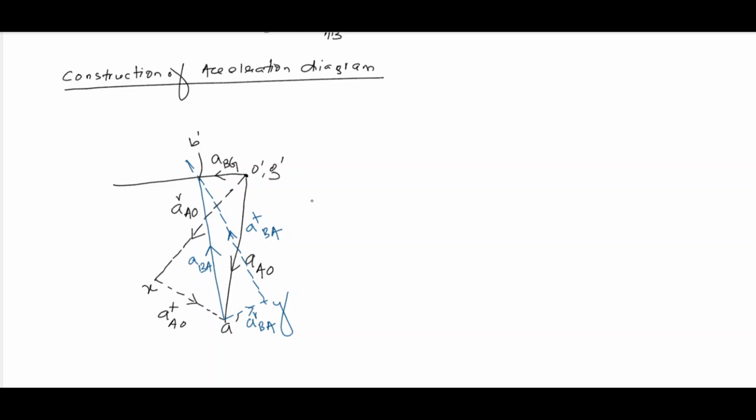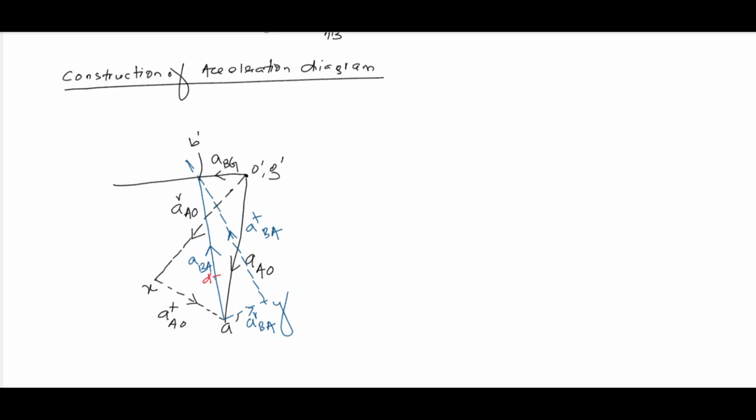I'll write down the steps. Another thing left is that we have to find out the acceleration of point D also. In order to find that, you have to locate D dash here. You locate D dash with the same scale where capital D lies on the capital AB.